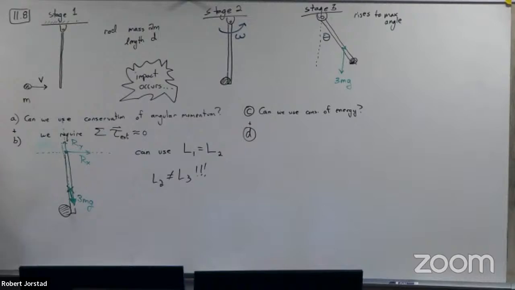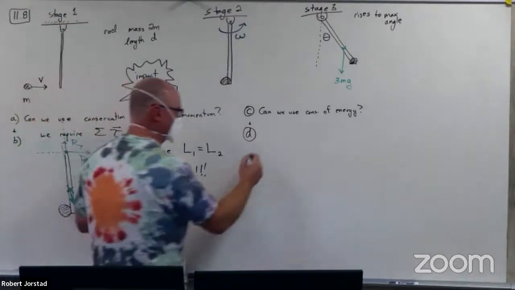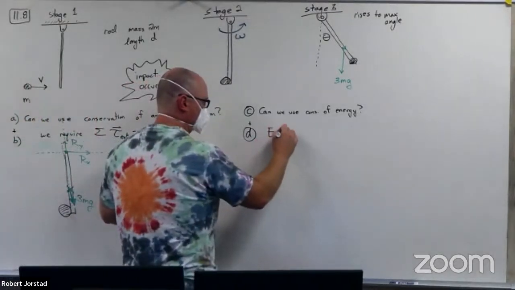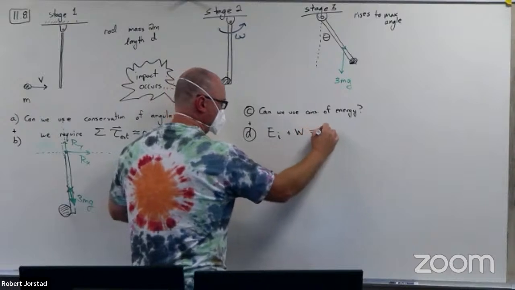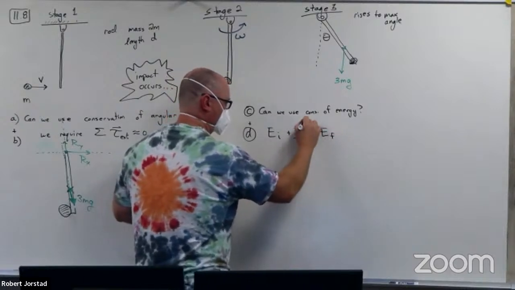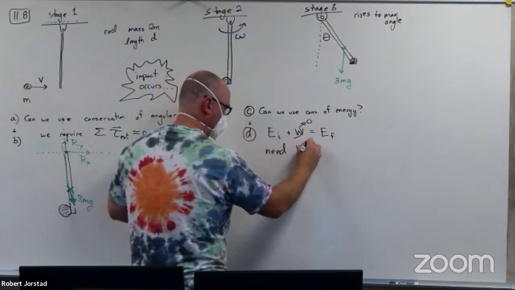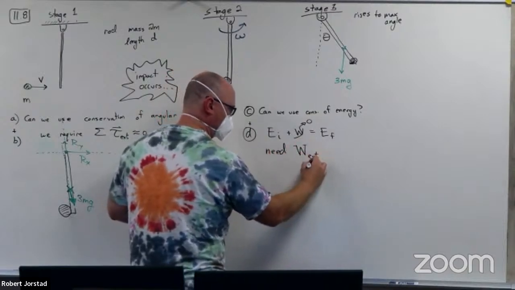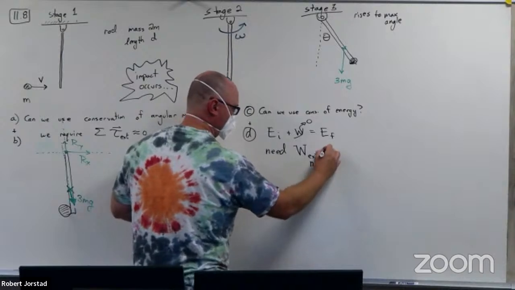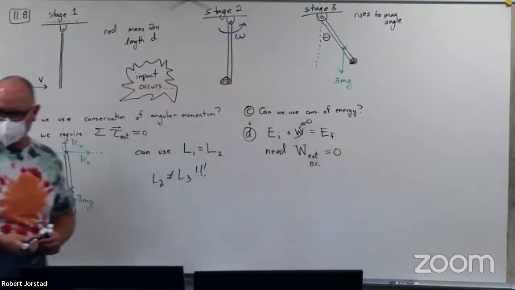Work. You're close. Right? Isn't it E initial plus work equals E final? We need the work to equal 0. And it's work external and non-conservative has to equal 0.